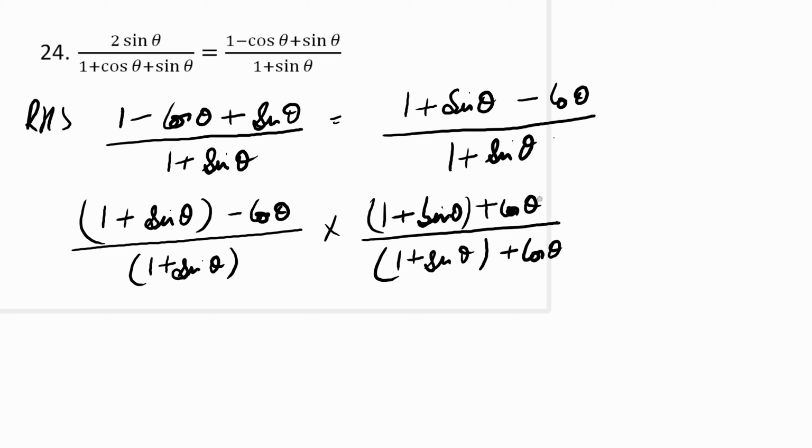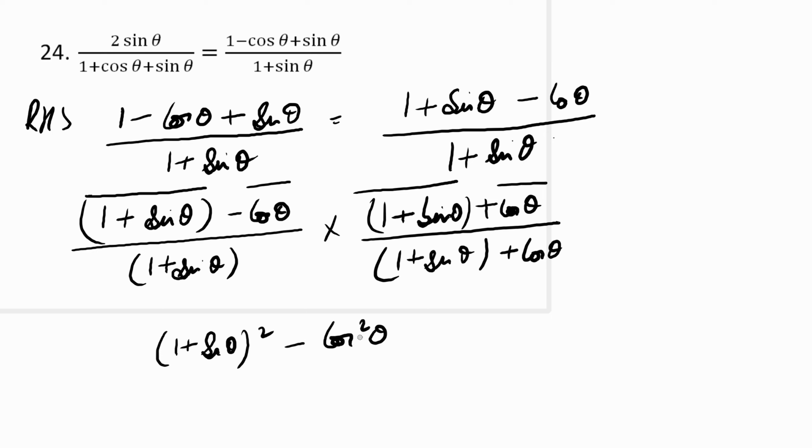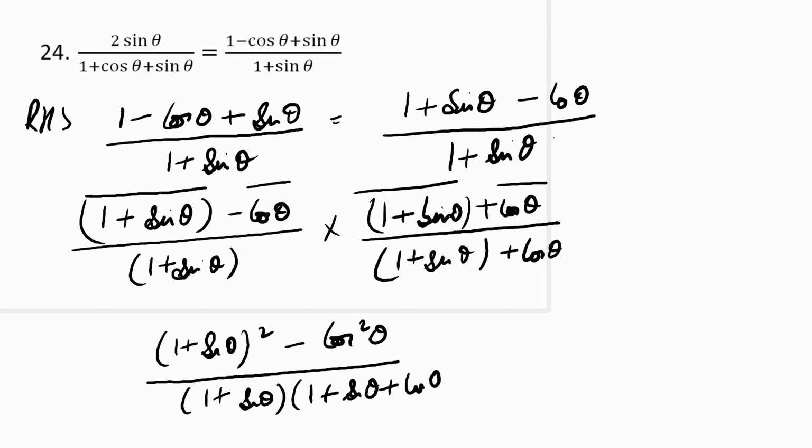Okay, so now we will get a square minus b square. This is a minus b and this is a plus b. So what we will get is 1 plus sin theta whole square minus cos square theta, and this one will become 1 plus sin theta into 1 plus sin theta plus cos theta.